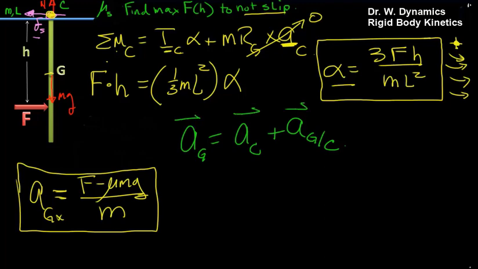And recall, if it's not going to slip, then a sub C is going to be 0, which is nice. So a sub G, which we have here, is equal to a sub G with respect to C. Now let's see what that looks like. G with respect to C is here. This is C, and this is G. So that's G as seen from C.